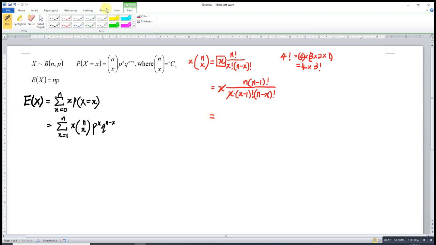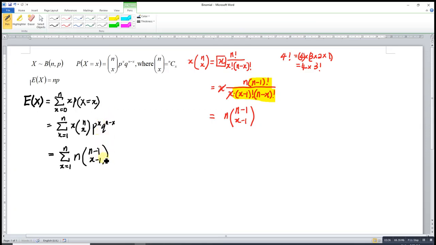Then for this part, obviously, we have n minus 1 choose x minus 1, times n. So this is equivalent to the summation from x equal to 1 to n of x, the binomial factor, now we have n minus 1 choose x minus 1.